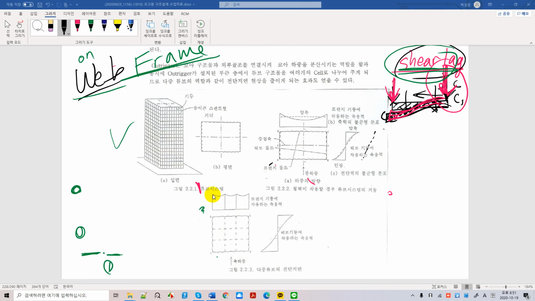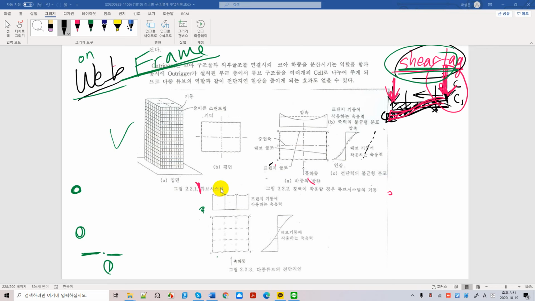And your column load distribution will be much more uniform than before, so that you can make all columns responsible equally with the uniform distribution of vertical compression force, right?